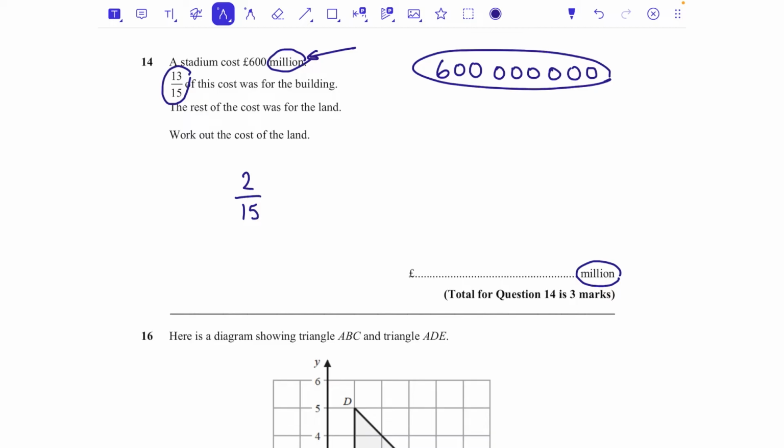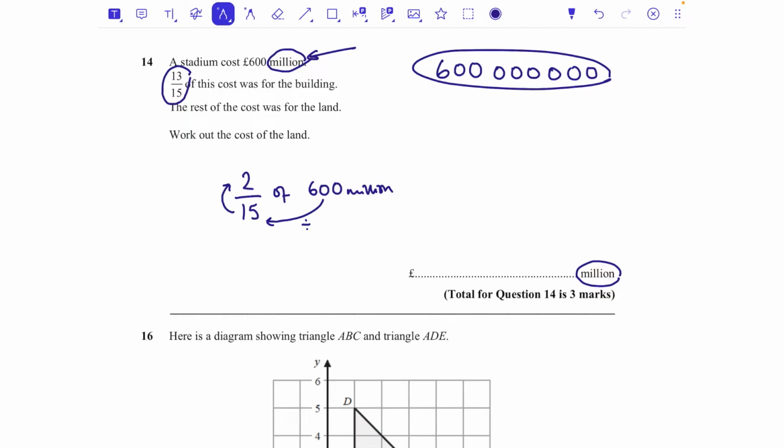So you can do it this way, or you can work out 13/15 and subtract it, but I think it's easier if we just go for 2/15 of 600 million. And we've just said on a previous question that we're going to divide that into 15 parts and then multiply it by how many parts we want. So 600 divided into 15 equal sections. 600 divided by 15 is 40.